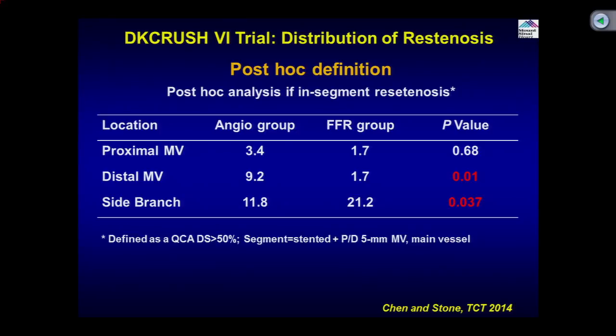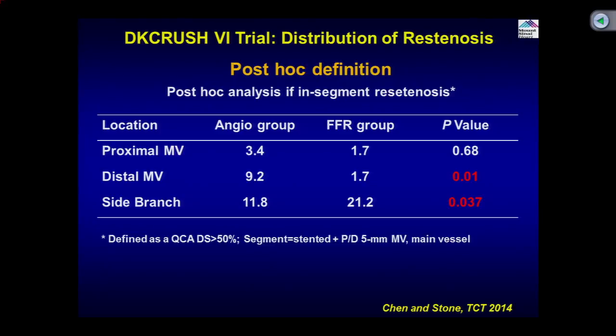As you can see here, in terms of restenosis, when you do angiographic guided, you have more distal main vessel restenosis. But look at the side branch. FFR kind of paid the price of higher restenosis if you leave those lesions alone, even based on the 0.8, provided some of the cases you could not cross.